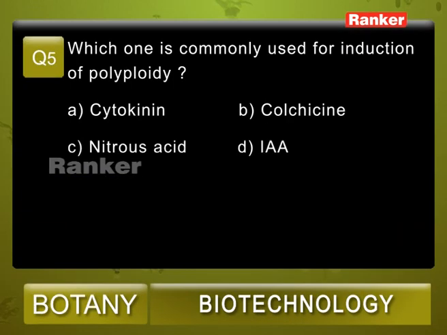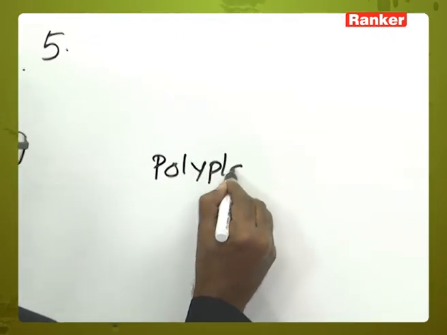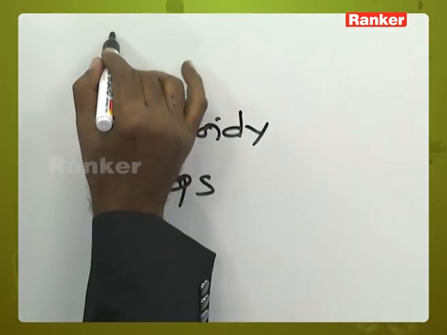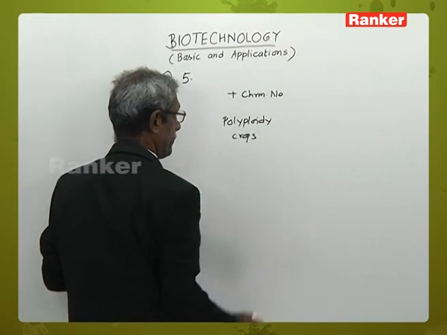Which one is commonly used for induction of polyploidy? Now, polyploidy, primarily in crops, refers to an increase in chromosome number.